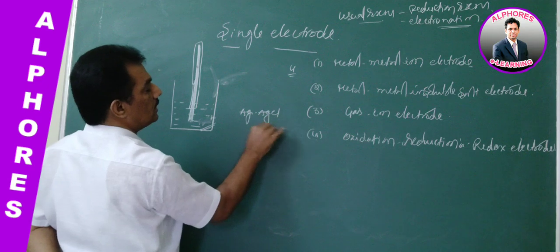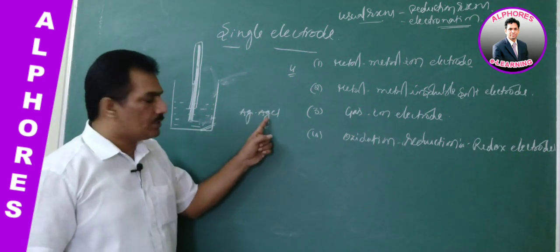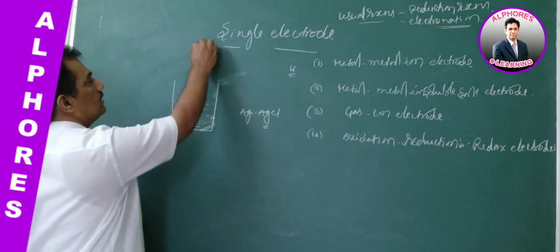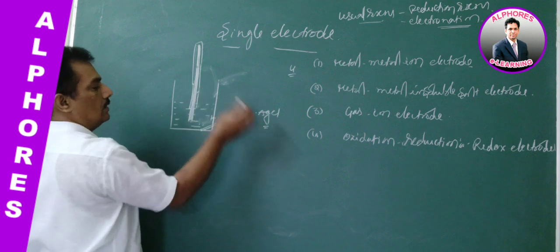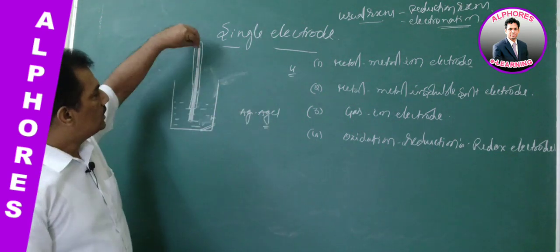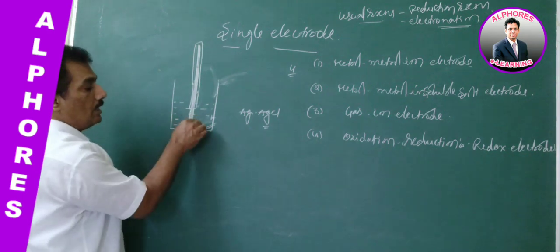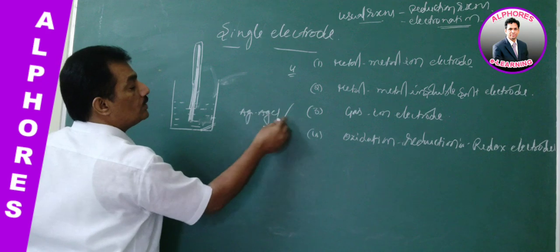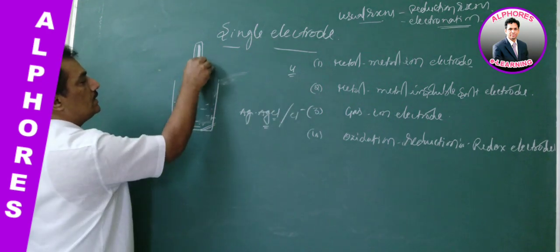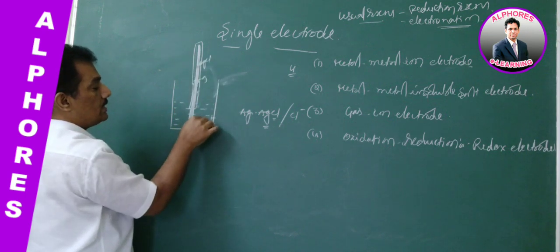As you know, AgCl is a sparingly soluble salt. And silver is also present in that one. So the metal rod, when covered with that metal's sparingly soluble salt, is in contact with a solution that possesses a common ion. Say for example it is AgCl cover and the rod is silver and the solution is KCl.